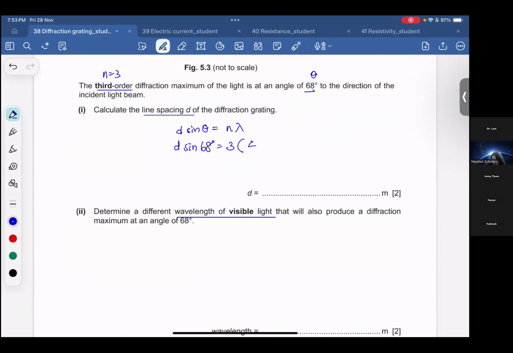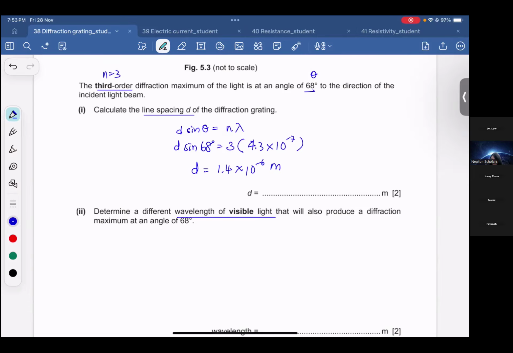The wavelength is 4.3 times 10 to the power of negative 7, so your d is 1.4 times 10 to the power of negative 6 meter. Three significant figures, okay? This one is just applying the formula, and make sure you know where the angle is and what the n is that you use.